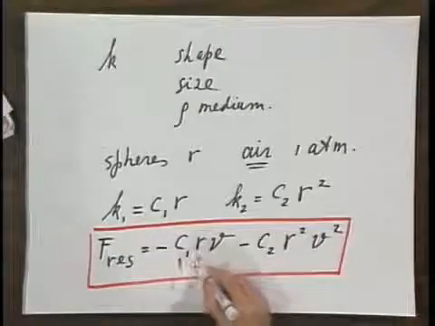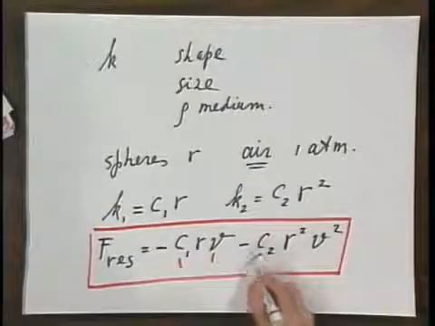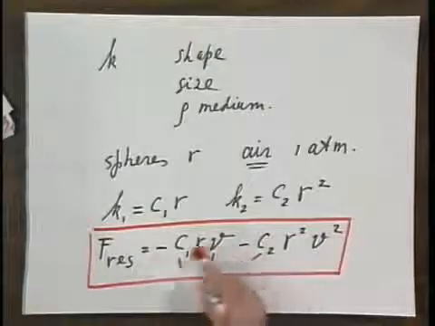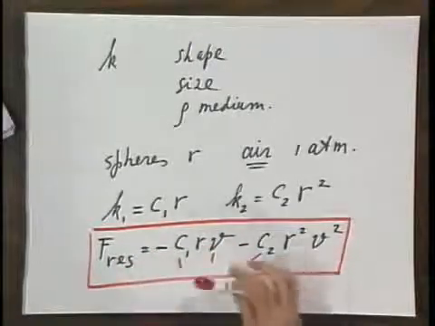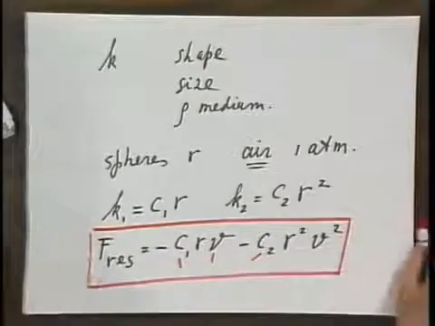And when C1 and C2 are positive, the minus signs clearly indicate that the resistive force is opposing the direction of the velocity.